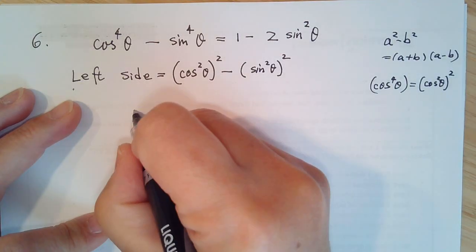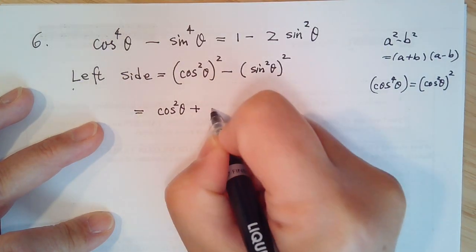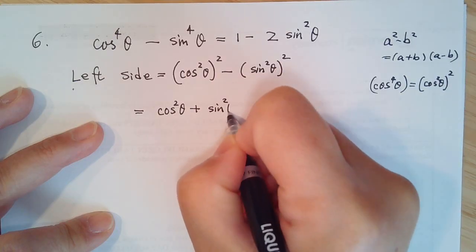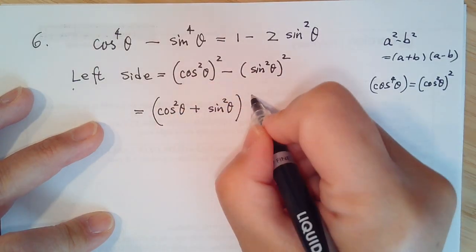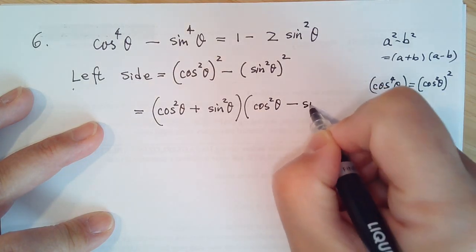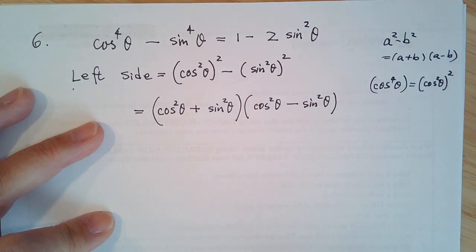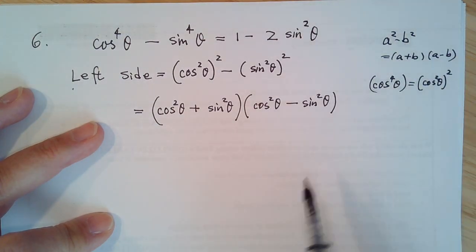So that would be cosine square theta plus sine square theta times cosine square theta minus sine square theta.